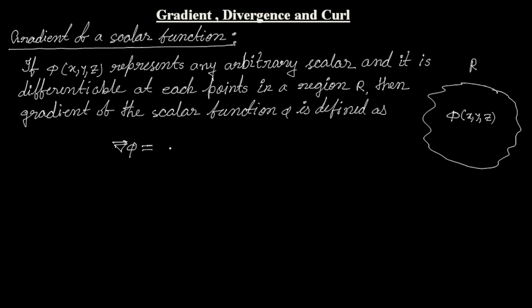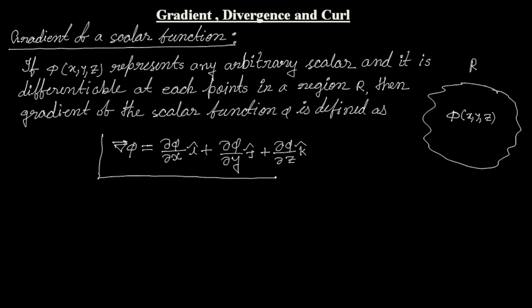To define the gradient of a scalar function, first we take the partial derivative of phi with respect to x and multiply with i cap, plus the partial derivative of phi with respect to y multiplied with j cap, plus the partial derivative of phi with respect to z multiplied with k cap.